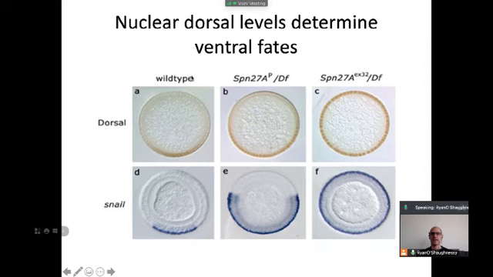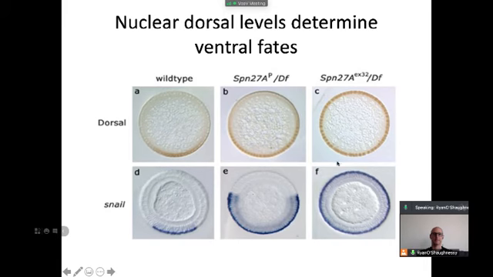In wild type there's only high dorsal in the ventral part of the embryo, and we see localized ventral expression of snail. Once we start increasing the levels of dorsal, and here they reach over halfway around the embryo, we can see that this closely correlates to the expression of snail, and so a much larger domain that gastrulates.